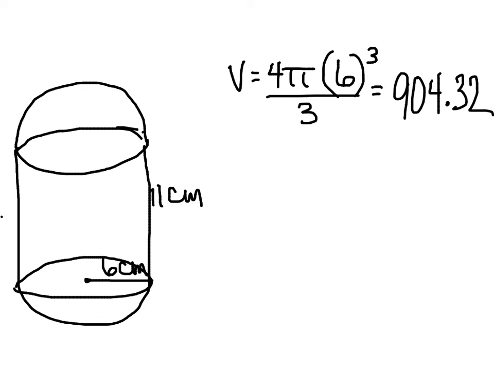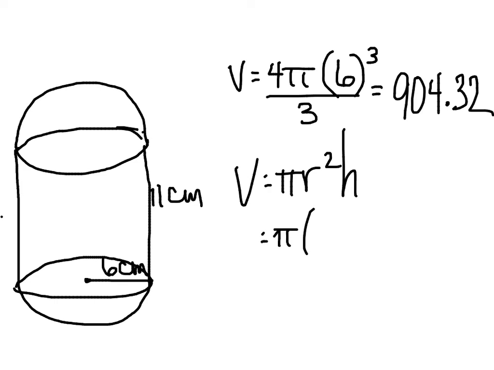Okay? Then you also said cylinder. So to find the volume of the cylinder, I take pi times r squared times h. Or in our problem, pi times 6, because you told me that was the radius, times, what's the height? 11.